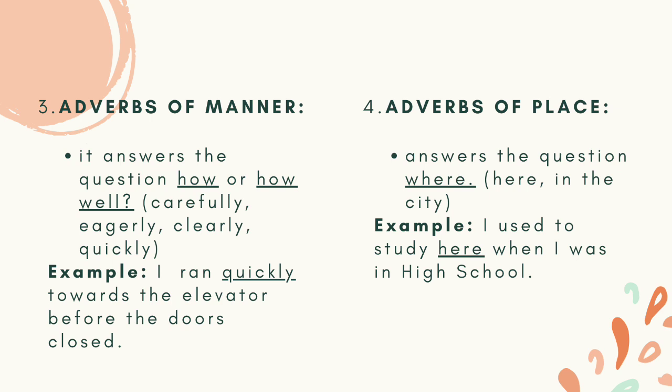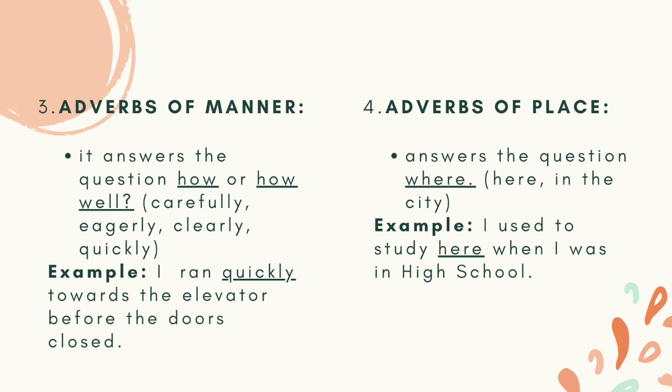I ran quickly towards the elevator before the doors closed. The adverb being used is quickly. The adverb quickly answers the question as to how fast I ran towards the elevator. Now, the fourth kind of adverb is the adverb of place. It answers the question where.